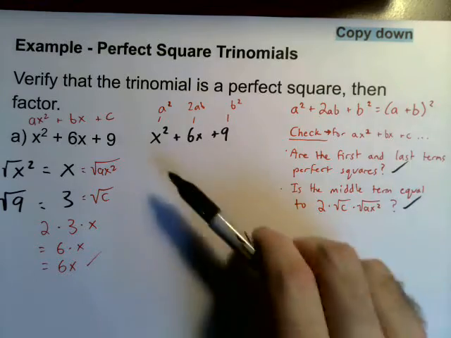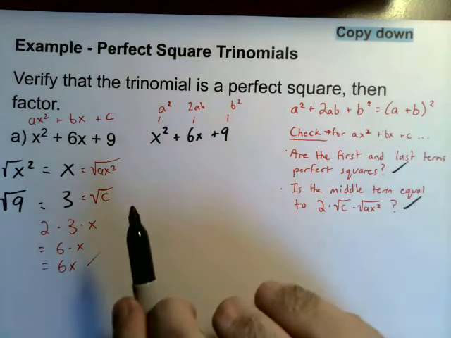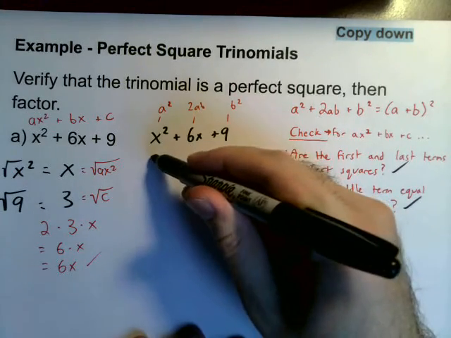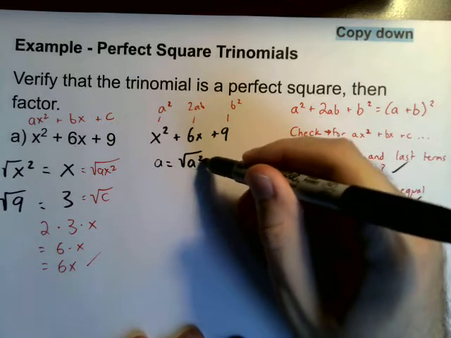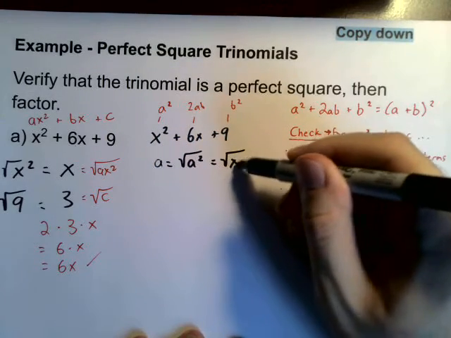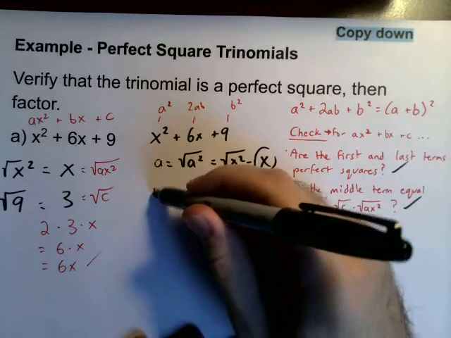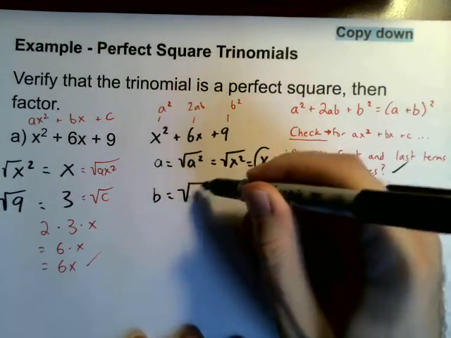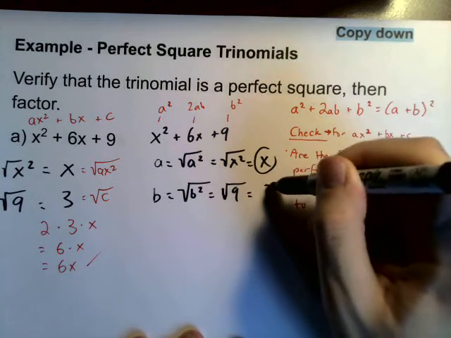Now we want to figure out what's actually the value of a, kind of like we did with the difference of squares. In this case, a is going to be the square root of a squared, which would be the square root of x squared, equals x. And then the b term, that's the square root of b squared, which is the square root of 9, which is 3.